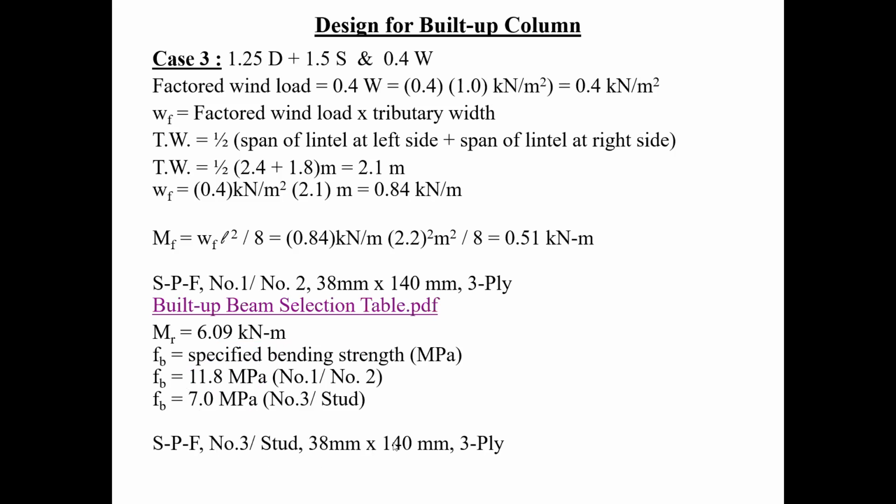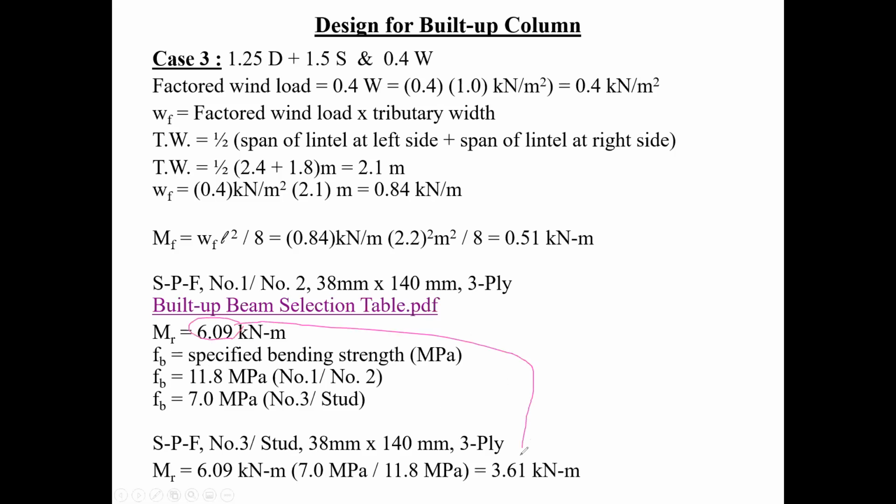So I take 6.09, I multiply by 7.0 divided by 11.8, because I'm taking away from the equation by dividing by 11.8, and then multiplying, and therefore I drop down for a number 3 from 6.09 to 3.61. So that's how much weaker a number 3 stud grade is in bending versus number 1, number 2. Okay, it's significant.